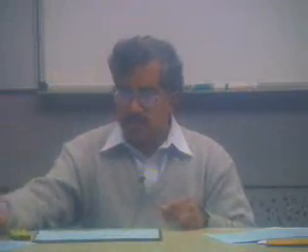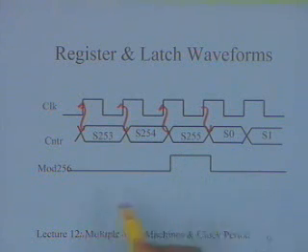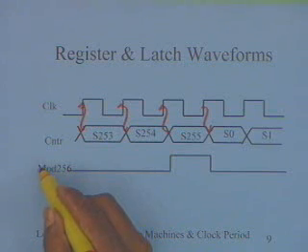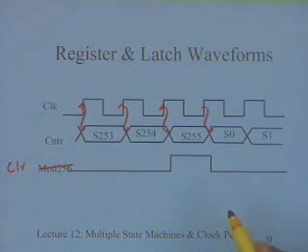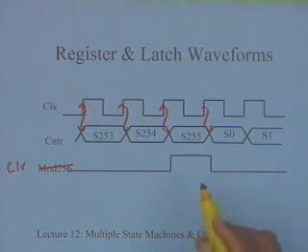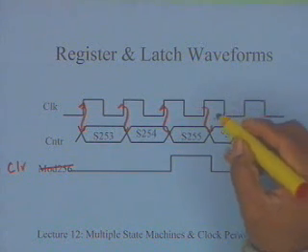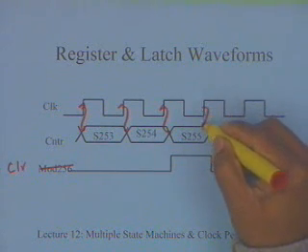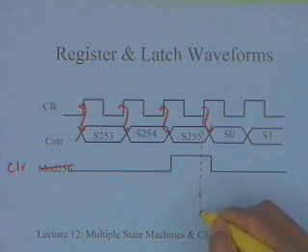And this particular output is a mod 256. This output is the clear. Let me write the clear input to the next machine. And now it has to be a synchronous clear, because the other machine is actually getting the same clock.